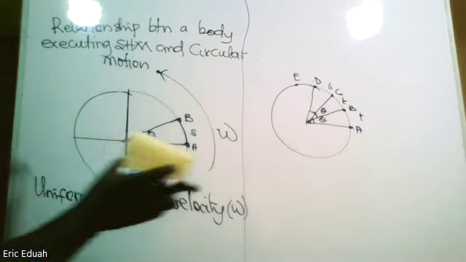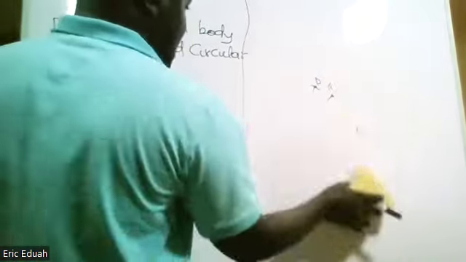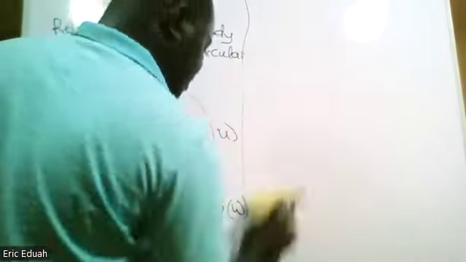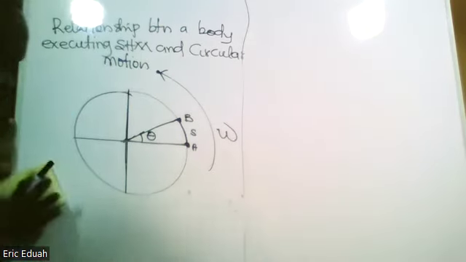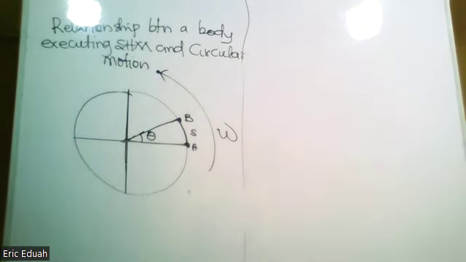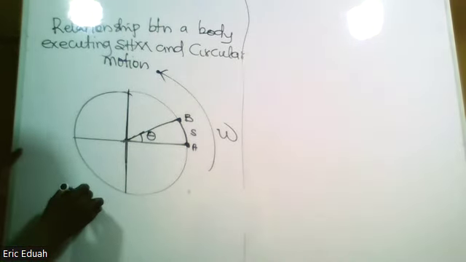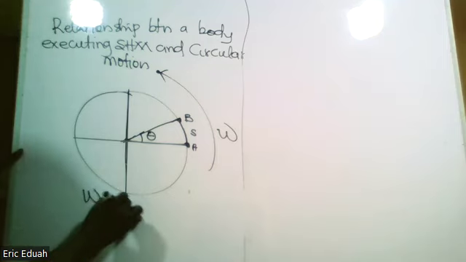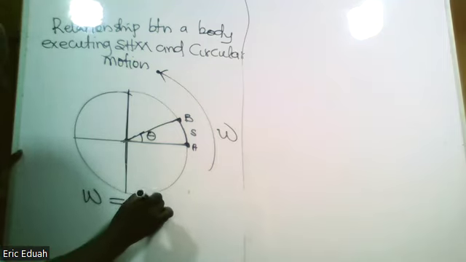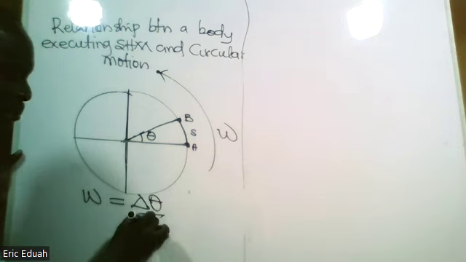Okay, so if this is what is happening, then under circular motion, angular velocity is equal to change in angular displacement over time.